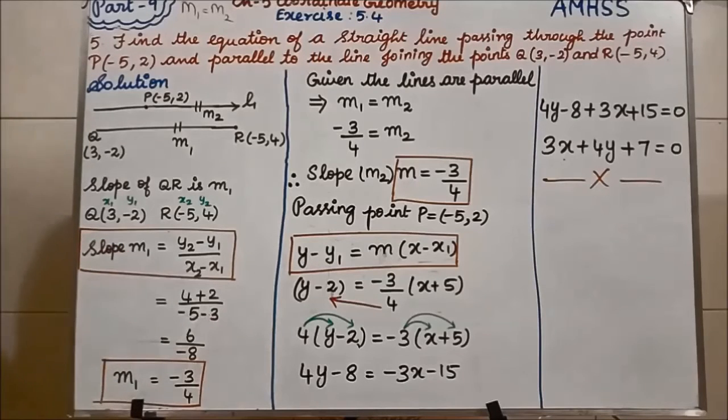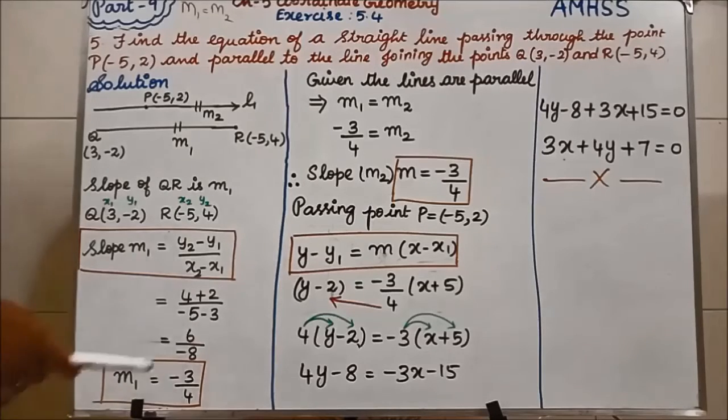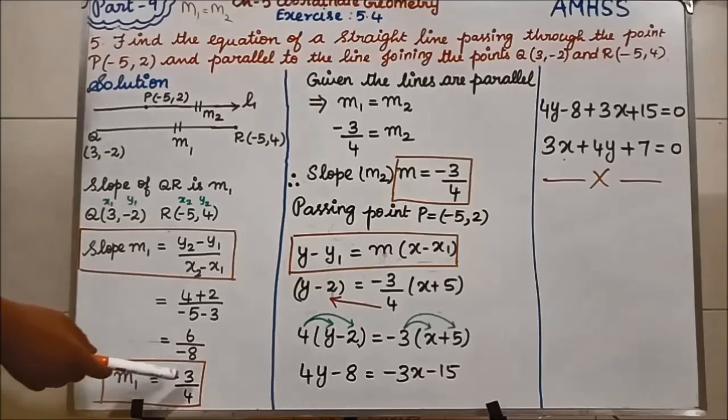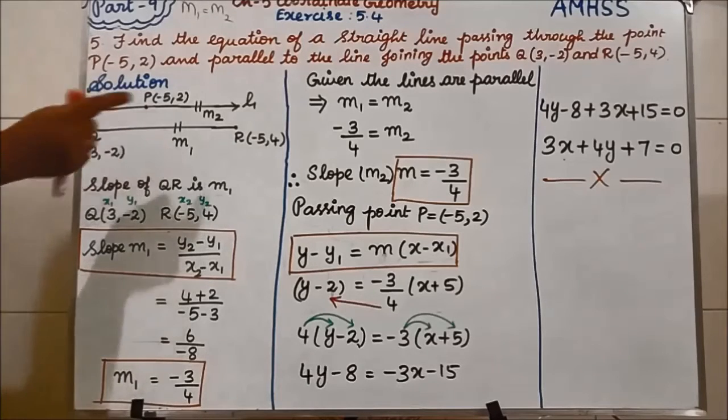Minus 5 minus 3 is minus 8. So if you cancel, 6 and 8 will go in the same table. Which table? The 2 table. In the 2 table, 6 is how many times? 3 times. In the 2 table, 8 is how many times? 4 times. So m1 is equal to minus 3 by 4. Clear? We have got m1.